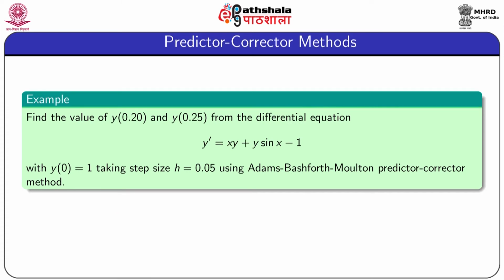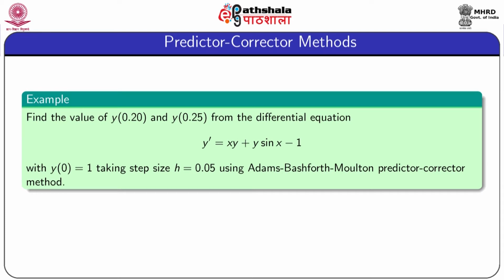Now, let us consider one example to illustrate the Adams-Bashforth-Moulton predictor corrector method. In this problem, the differential equation is dy/dx equal to xy plus 1 y into sin x minus 1. The initial condition is x equal to 0 and y equal to 1.